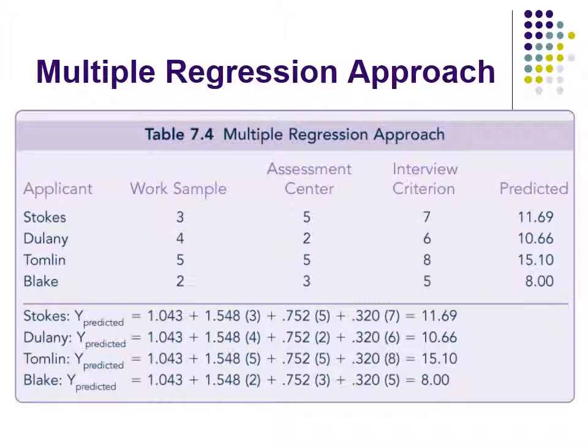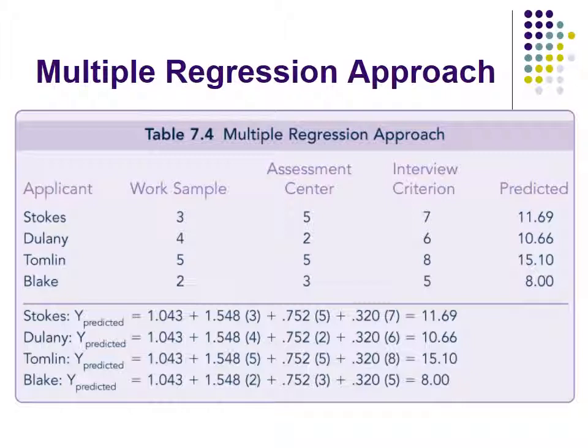Each number then is the actual amount that particular sample or that particular prediction selection technique adds to the prediction of performance. So again, on the Stokes line, we have 1.043 plus that 1.548 is the value that each level of a work sample score adds to performance.